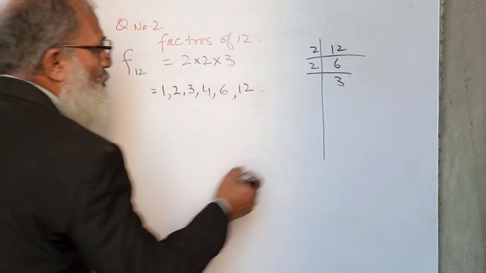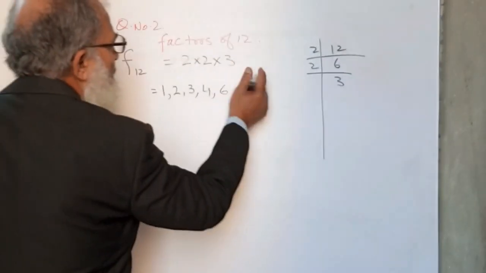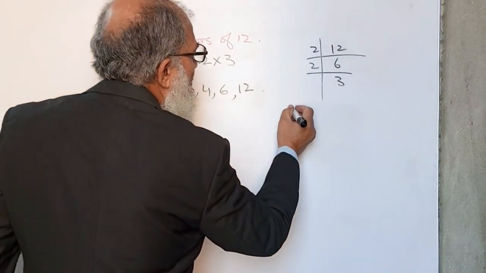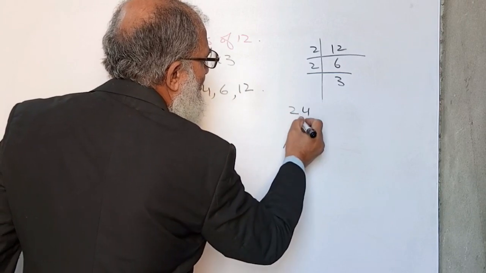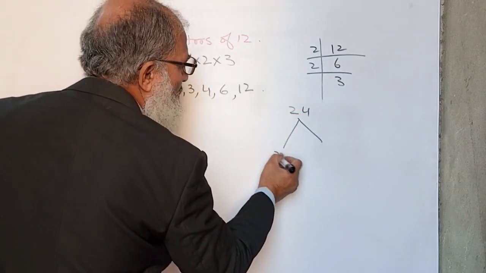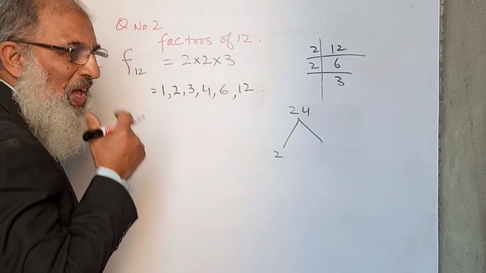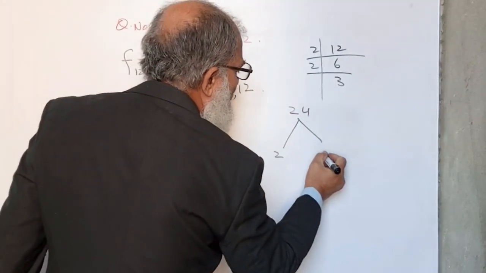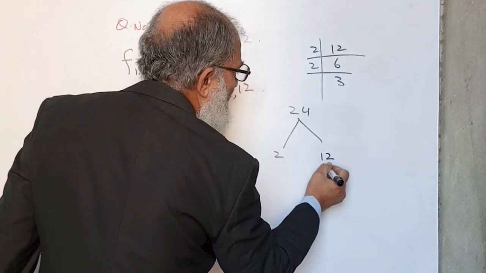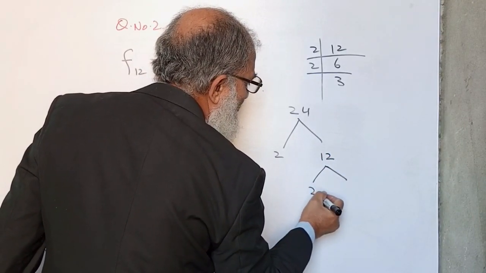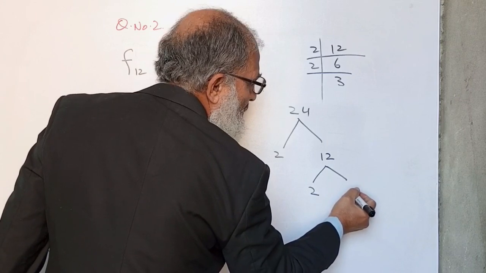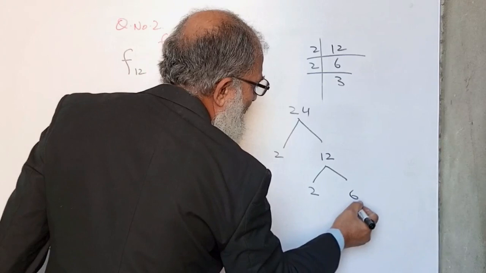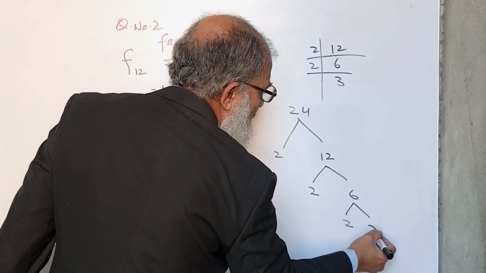Now for 24, the same, the factors of 24. Let me do it with the tree method. When you are asked to find the factors, I do it with the tree method. Now you see how many factors we are coming up with: 2, 6 and 2, 3.